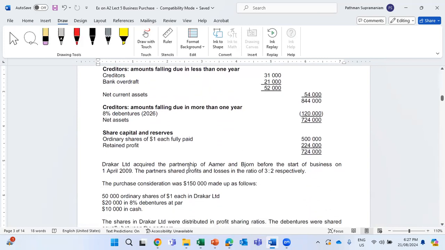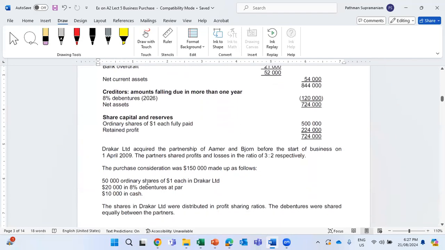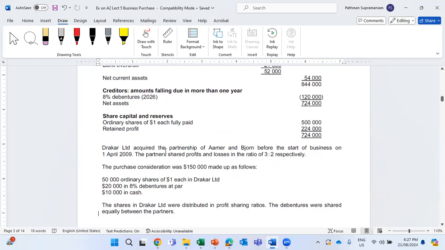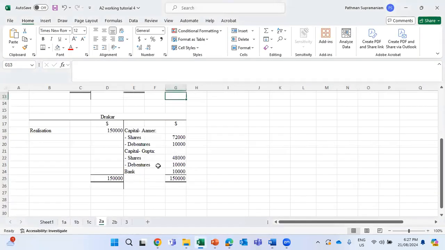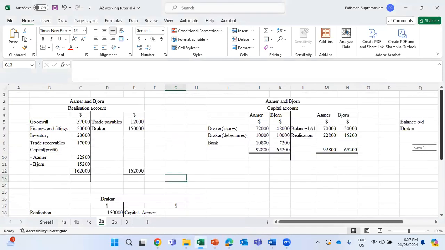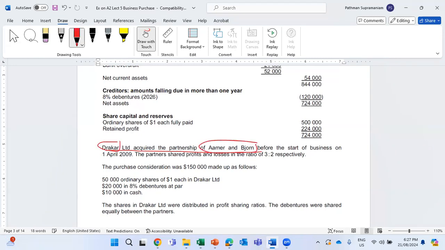Draka Limited acquired the partnership of Amir and John before the start of the business. So which means Draka is the buyer, Amir and John are the sellers.